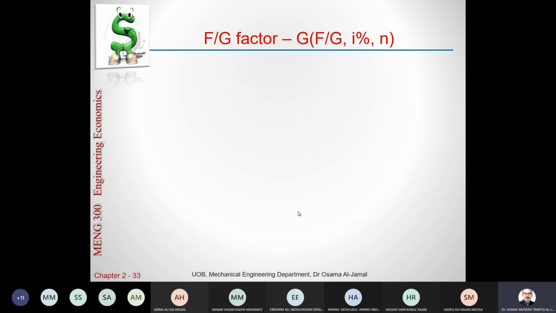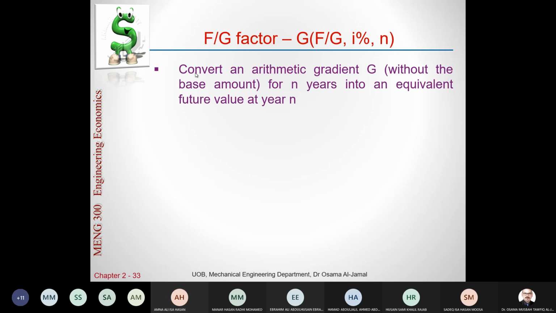But how to find it? What is the F given G factor? It converts an arithmetic gradient G without the base amount. Why?